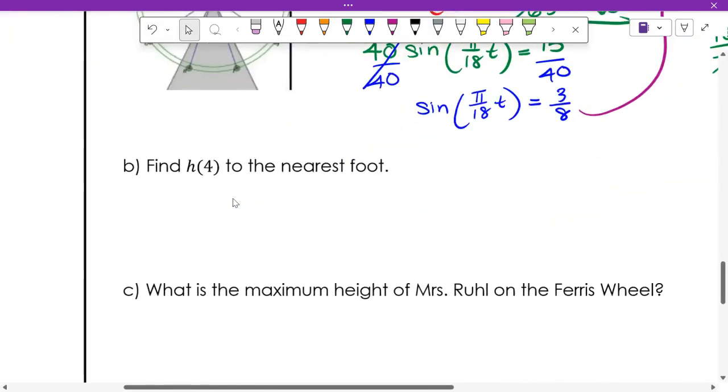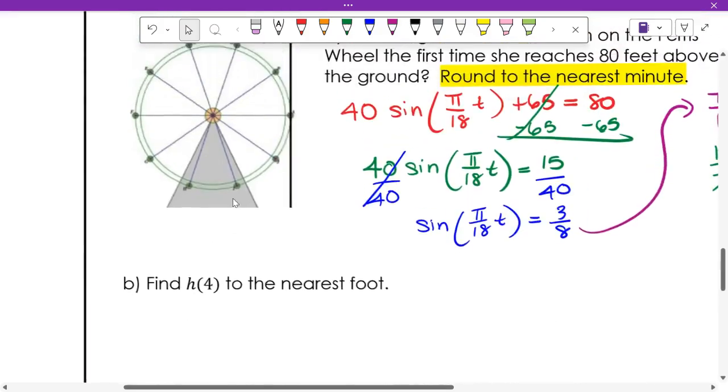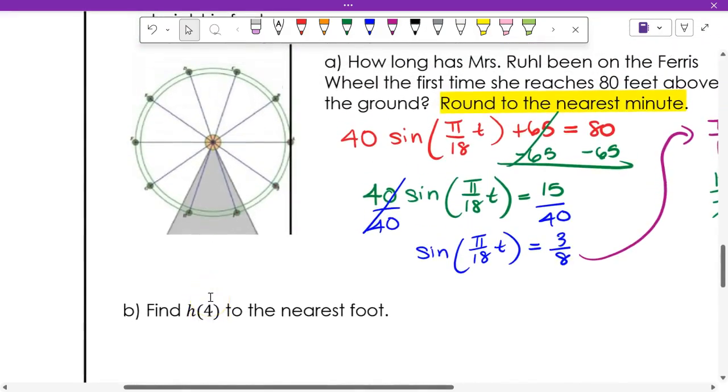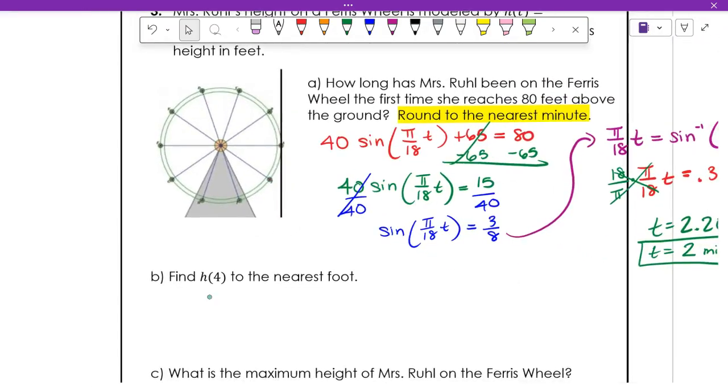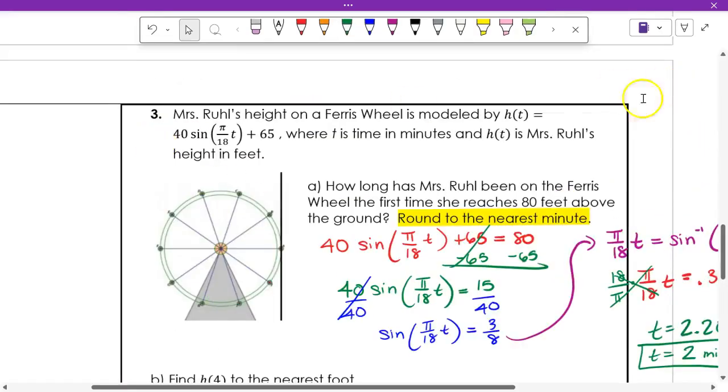Find h of 4 to the nearest foot. Notice this is not saying that's what it's going to be equal to. It's h parentheses 4. And if I come back up here, this is h of t. That's saying t is equal to 4. I'm just plugging that in. Oh, that's a lot easier.